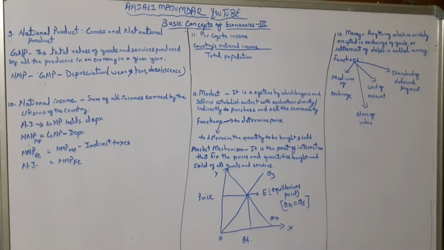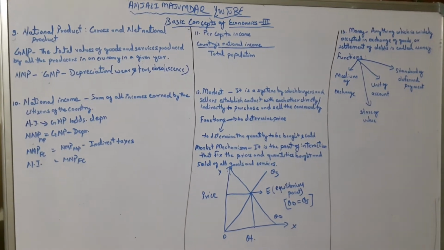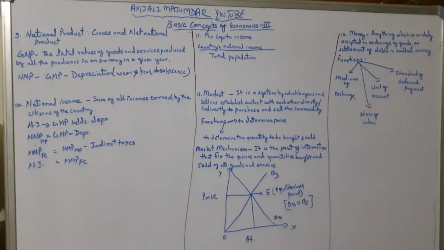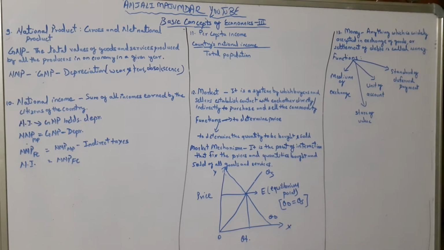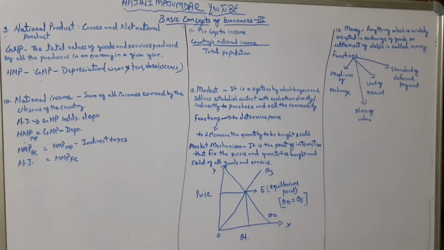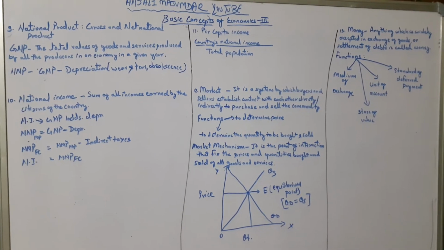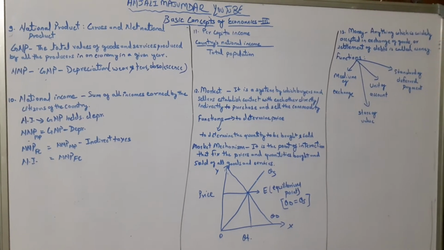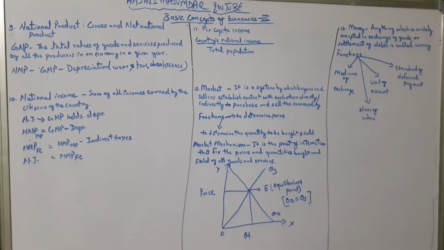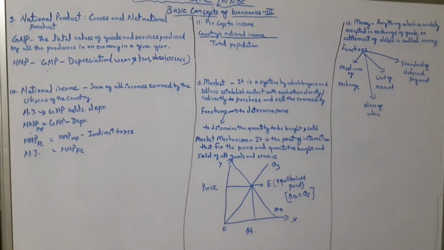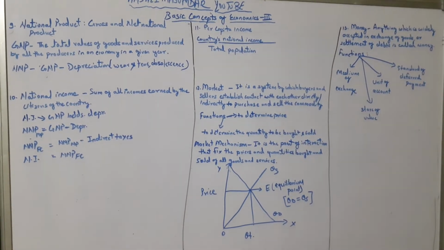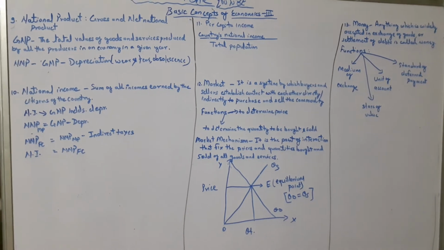When you deduct depreciation from gross national product, you get NNP. Remember, this net national product which you calculated after deducting depreciation is at market price.